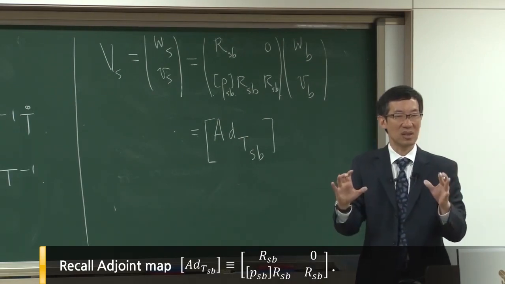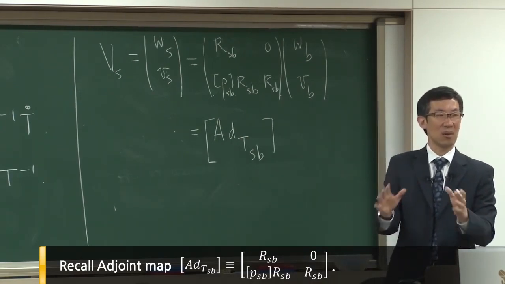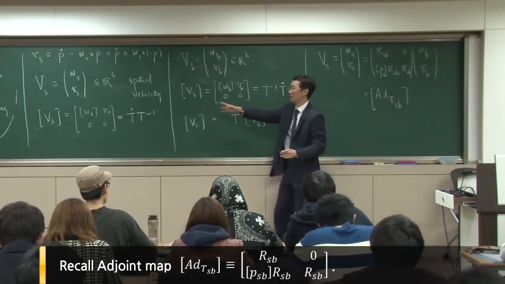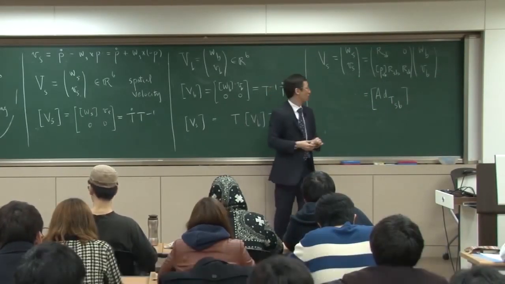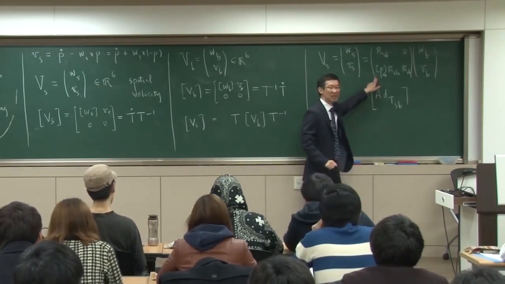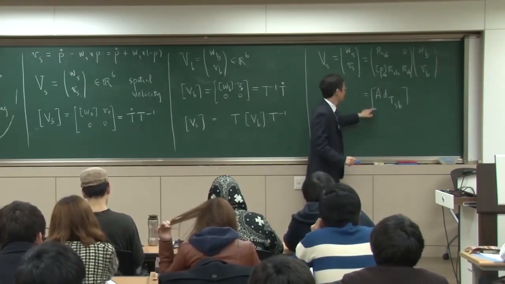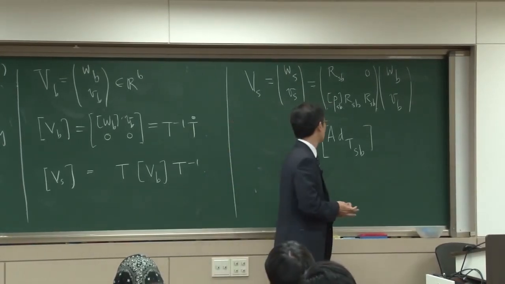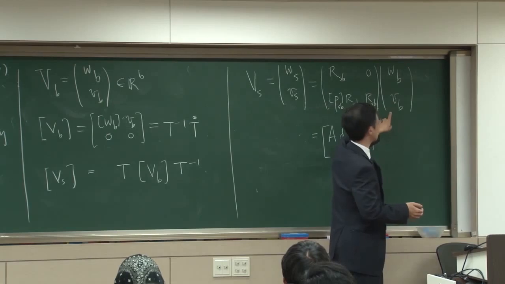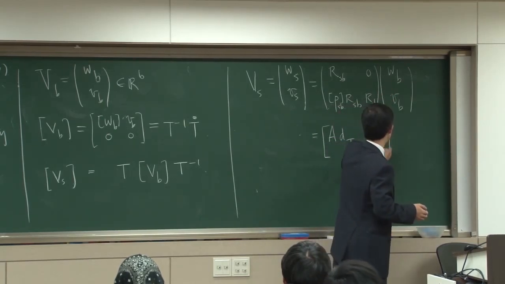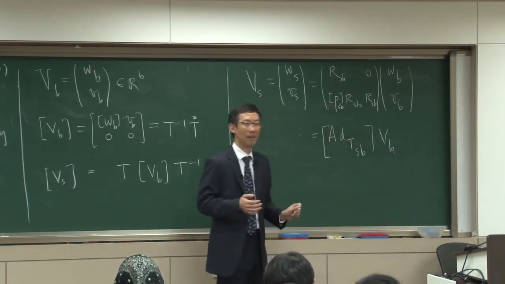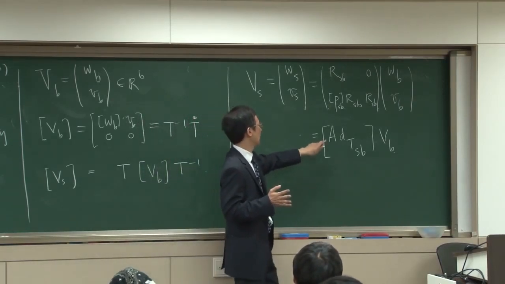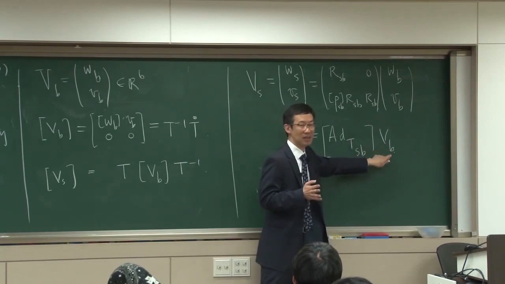The matrix version can be 3 by 3, or in this case 4 by 4, or in this case 6 by 6. The square brackets are a tip-off that it means it's a matrix. So it's Ad TSB times V sub B. So V sub S is Ad TSB V sub B.